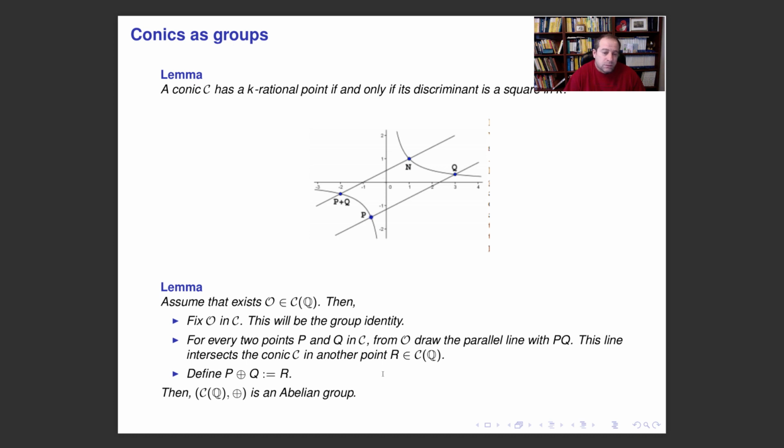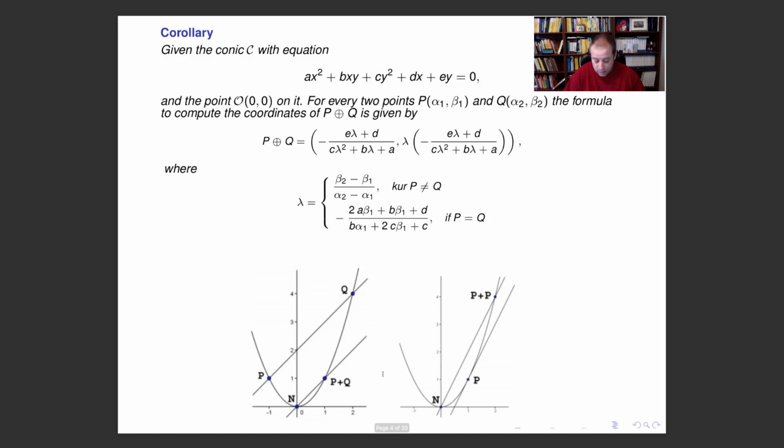All of these things are rather easy to prove, and one nice reference here to see some of these things is this book of Silverman and Tate on the rational points on elliptic curves, the undergraduate version of Silverman's book. Okay, so how does that work?